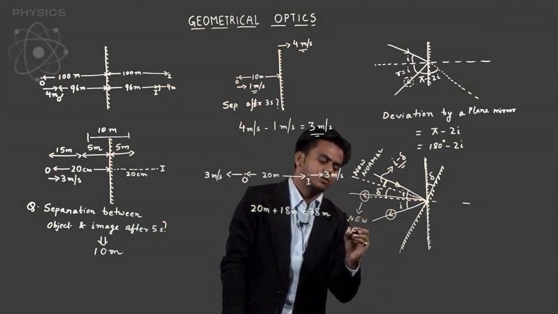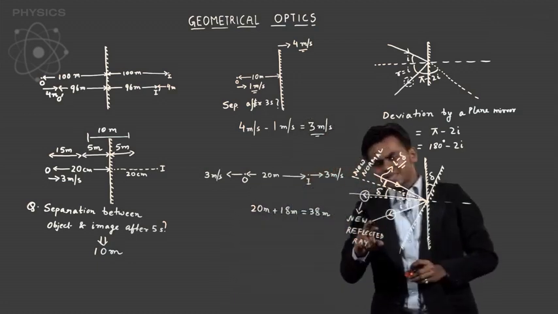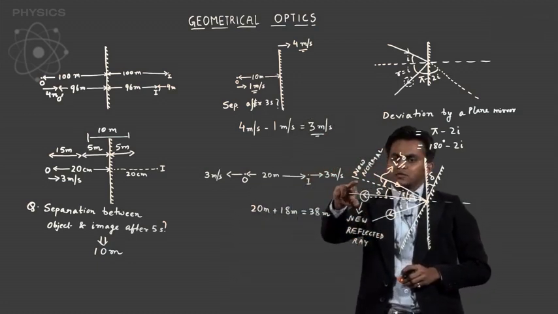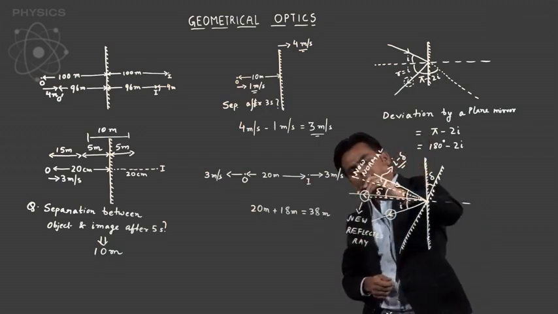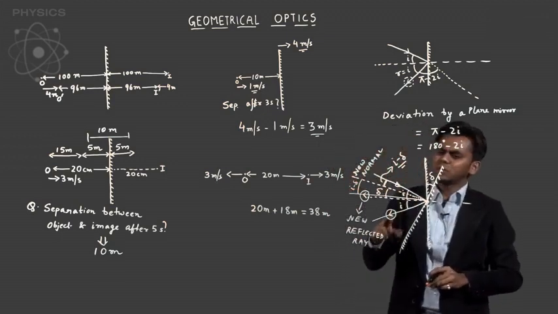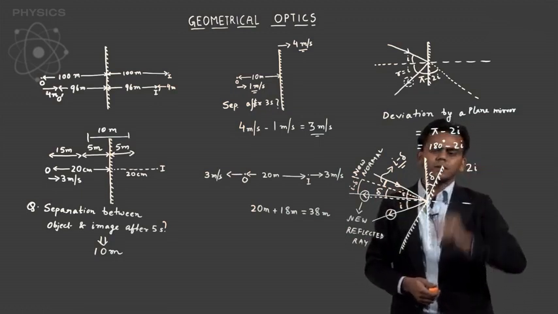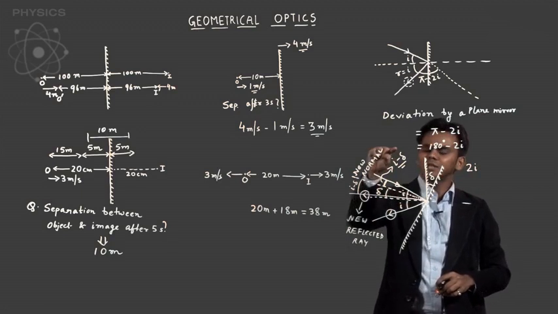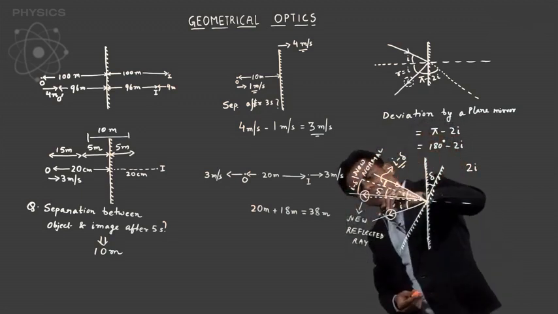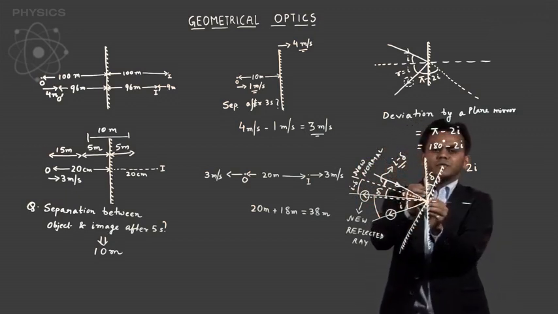So this angle over here would also be I minus delta. This is also I minus delta. But I know the total angle over here was 2I. But I have only taken this I minus delta plus I minus delta, which means this is my deflection or deviation produced by tilting of the mirror.